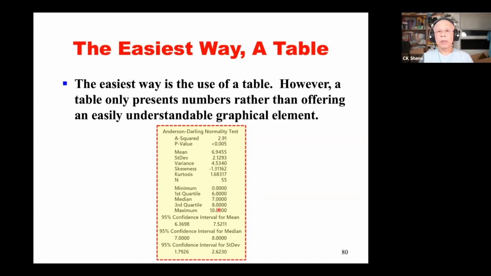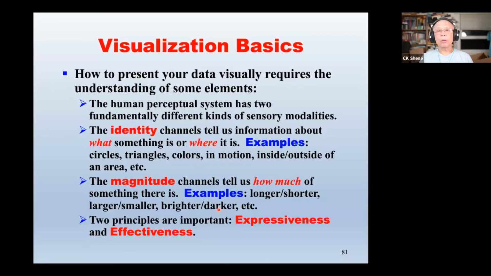Reading this table with a whole lot of numbers usually is not very easy to quickly grasp the idea of what you're going to talk about. Therefore, we need to know how to present the data.